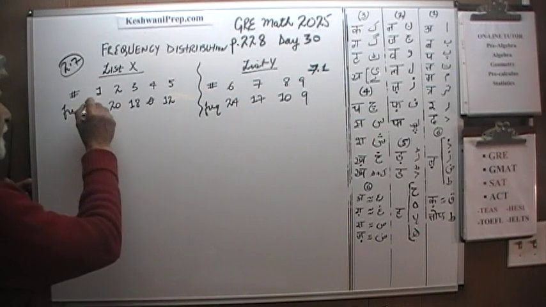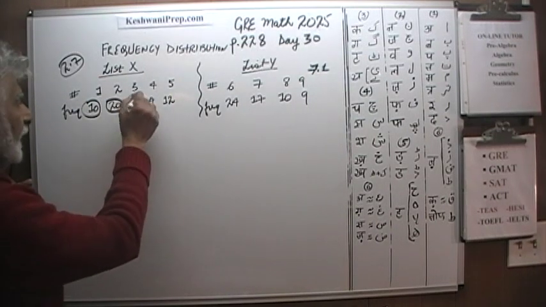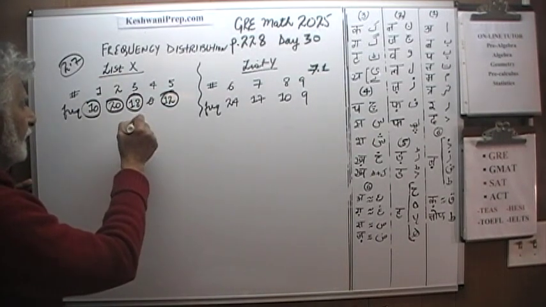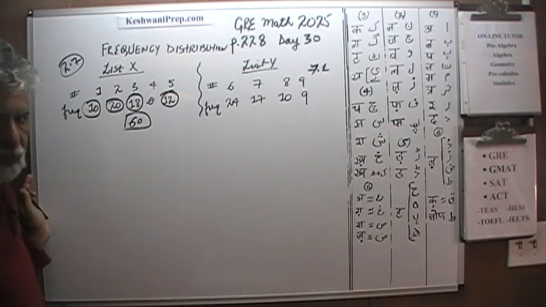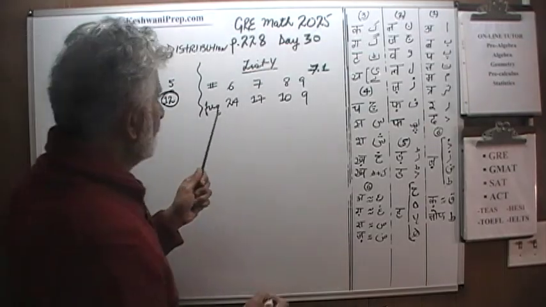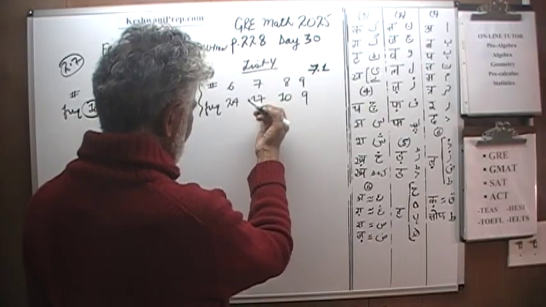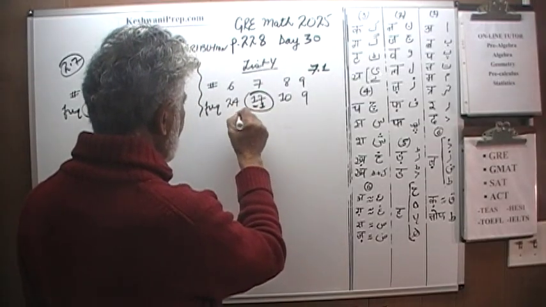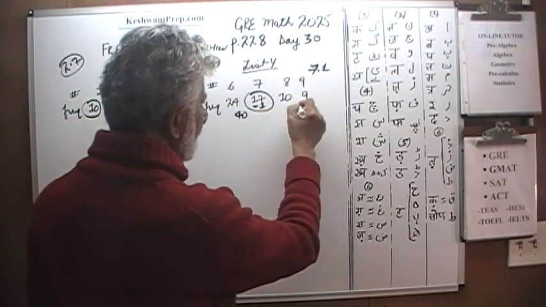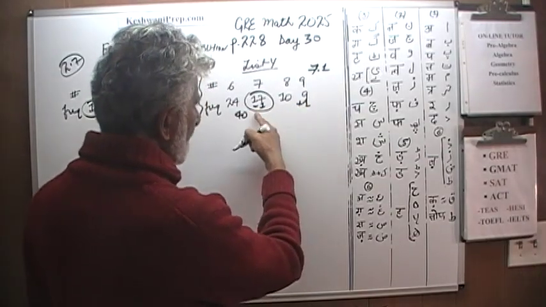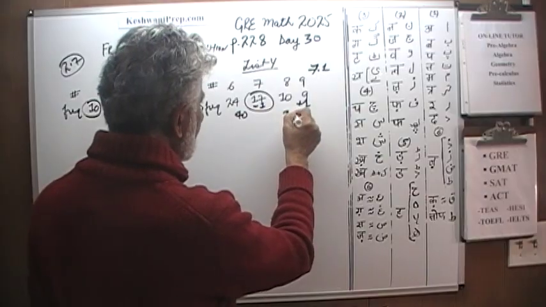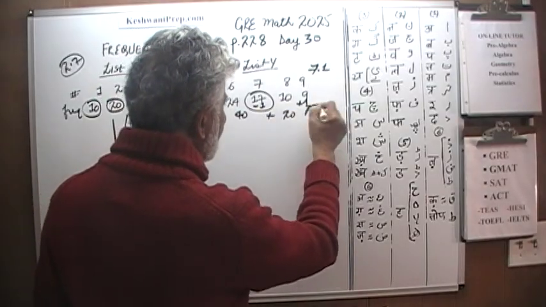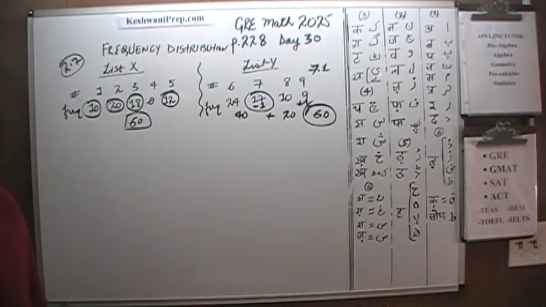I see 10, 20, that's 30, and 18 and 12, that's 30. We have 60 observations in list X. Here I see 24. Instead of 17, I'm going to take away 1. That makes it 16. 16 and 24, that's 40. And if you take away 1, you're going to have to add 1 here, because I took 1 away from there. So that's 10 and 10, that's 20. But there you go. They both have 60 observations.